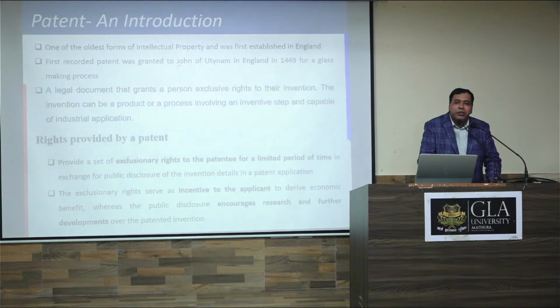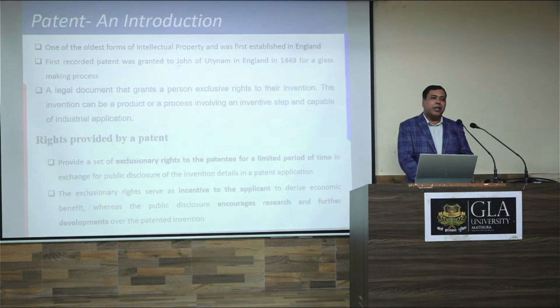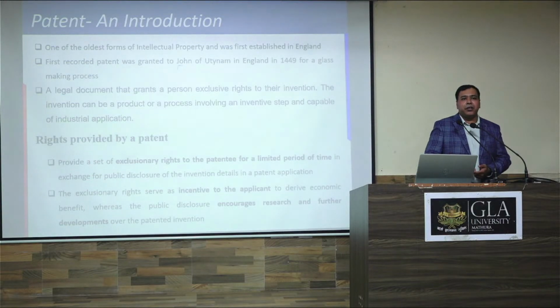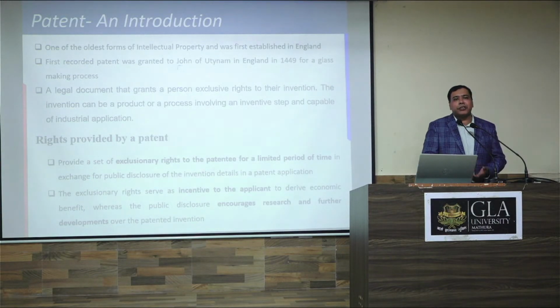So it's been more than 600 years that patents have been filed globally. And as I defined earlier, it is an exclusive right which is given to the owner, the patentee, for a limited period of time, in view of which public disclosure of information corresponding to your invention has to be submitted.